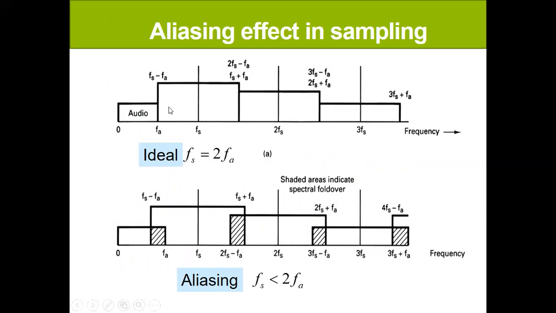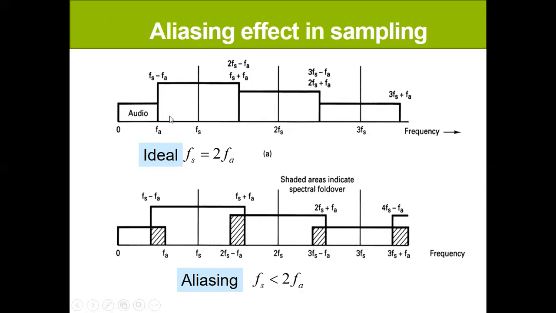So let's see two examples. This is Fs equals 2Fa, exactly the minimum Nyquist rate, the minimum sampling frequency. So they are back to back: Fs minus Fa, Fs plus Fa, and then 2Fs minus Fa, 2Fs plus Fa, 3Fs minus Fa, 3Fs plus Fa.